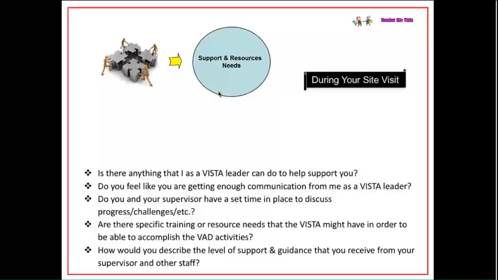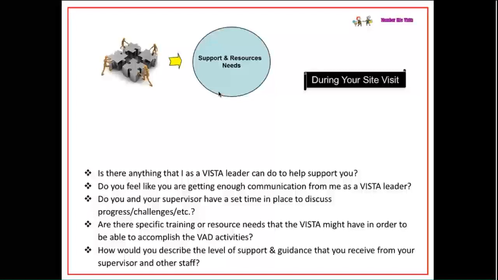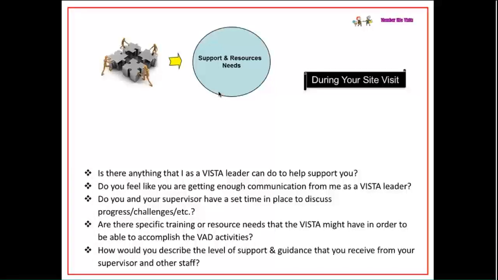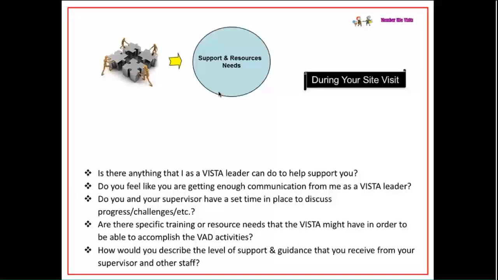If not, you can help coach the member how to frame a conversation, bring it up in a constructive way with the supervisor, and also maybe it could be the member who may not be very proactive reaching out, so I can give some suggestions, thoughts to the member, so we can really identify ways to address some of these needs.